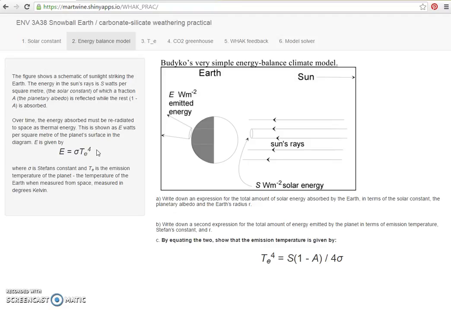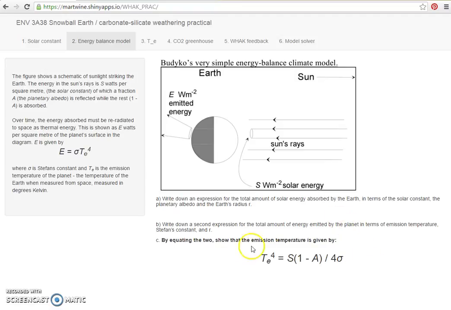So the pi r squareds cancel, and then we can simplify and rearrange the equation down to this term for the emission temperature. So this tells us the temperature of the Earth if there was no greenhouse effect, and it's a function of the incoming solar radiation, the albedo, and Stefan's constant.